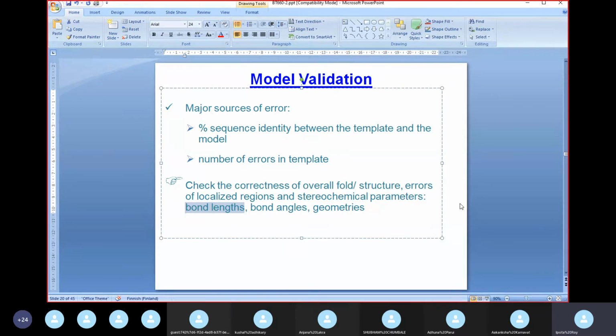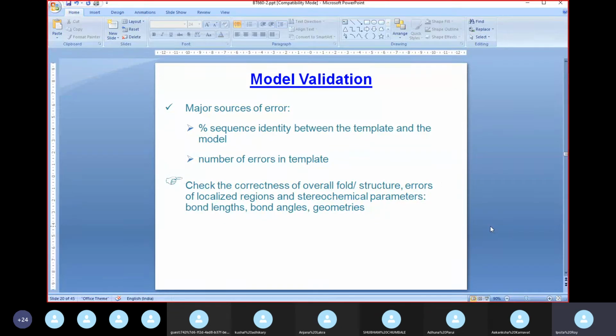So you try to stretch a CC single bond to 2 angstrom units. Those things you should not do. These are things that are already known beforehand. They have nothing to do with protein per se, but this is simple chemistry. What the bond lengths are, bond angles are, what kind of stereochemistry, what kind of regiochemistry, etc., is associated with each single atom. So those things you need to validate.